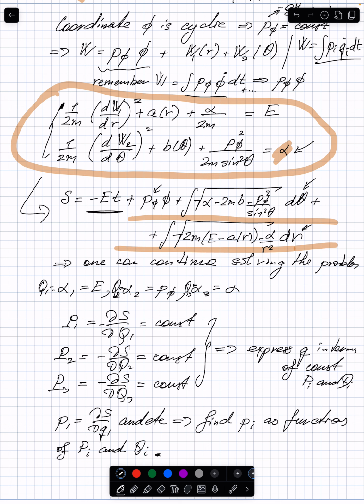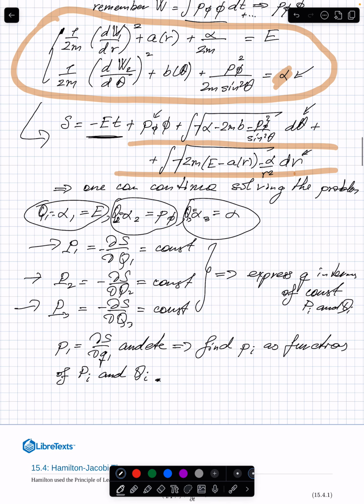We can presume that, for example, Q1 is given by E, Q2 is given by p phi, and Q3 is given by alpha. We will find that the corresponding capital momenta P1, P2, and P3 are, as you remember, just constants. We wrote this Hamilton-Jacobi equation in that way.